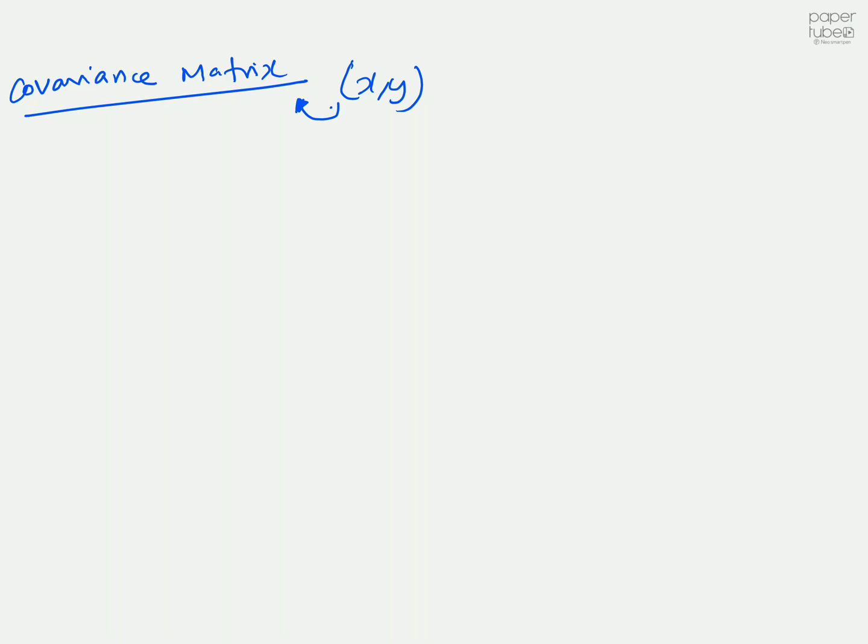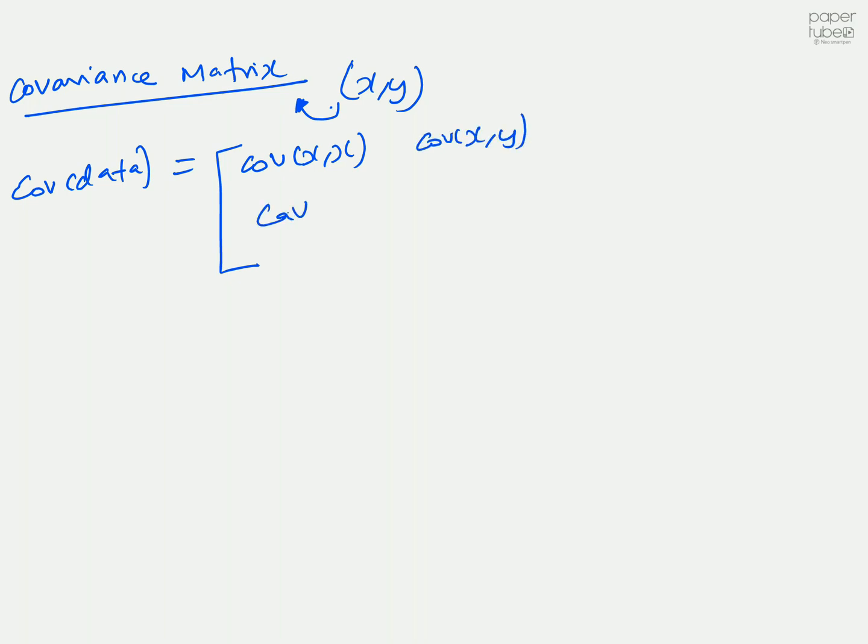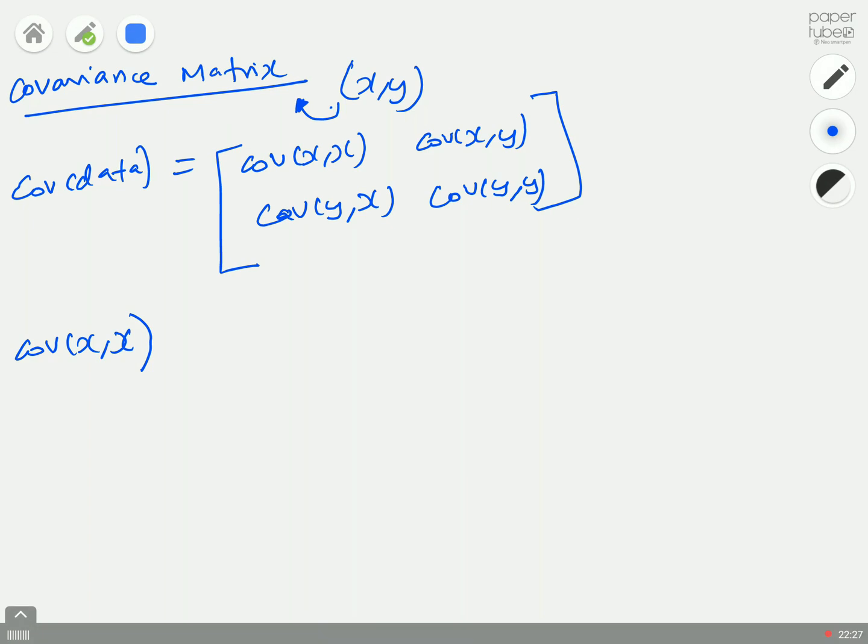So covariance matrix, let's say covariance of the data called data, that should be equal to covariance of x comma x, covariance of x comma y, covariance of y comma x, and covariance of y comma y. So we need to calculate these in order to get the covariance matrix. So let's calculate covariance of x comma x.